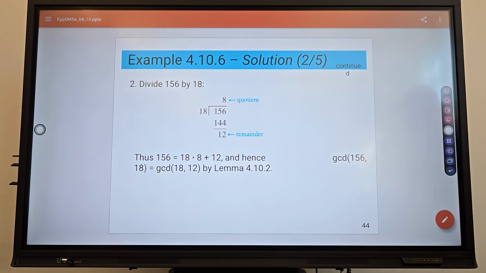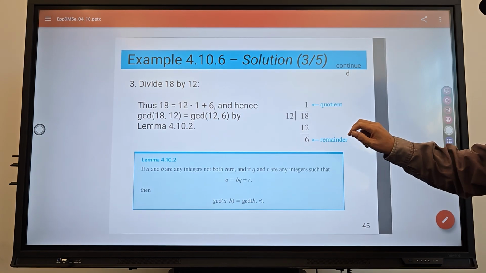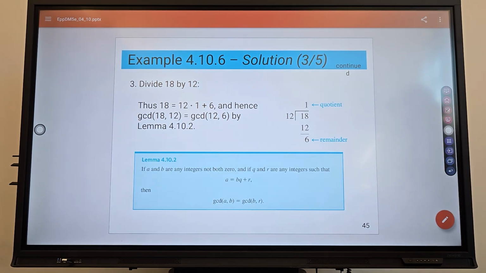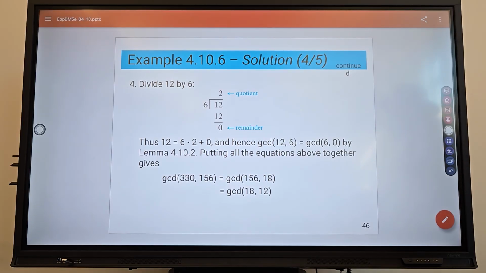And then do it again. Divide 18 by 12. Quotient of 1, remainder of 6. Divide 12 by 6. Get a quotient of 2 and remainder of 0.